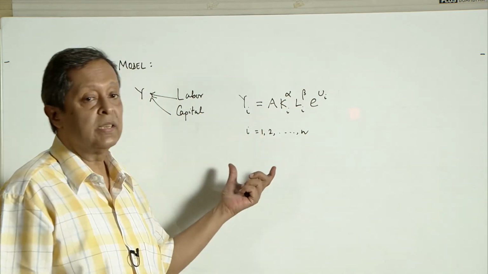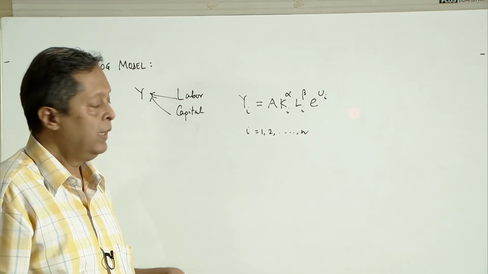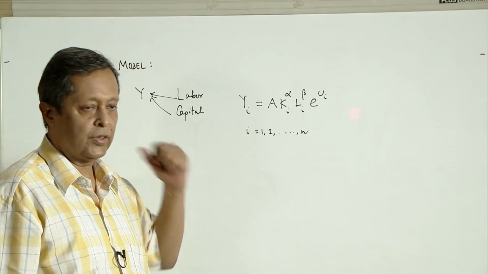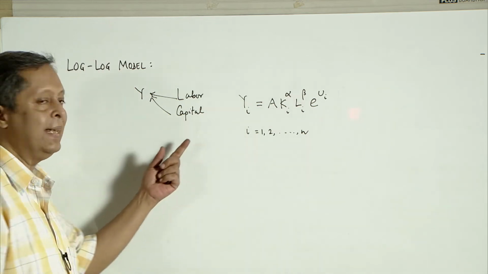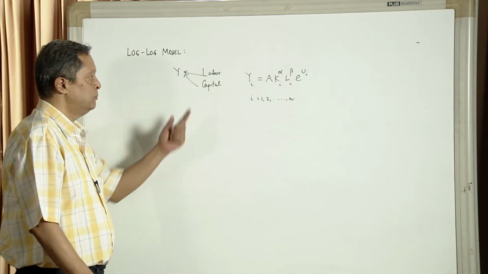Now, obviously once again this is a non-linear relationship, but we want to use the classical linear regression model and estimate this relationship. So, what we do is we take the natural logarithm of both sides of the equation.